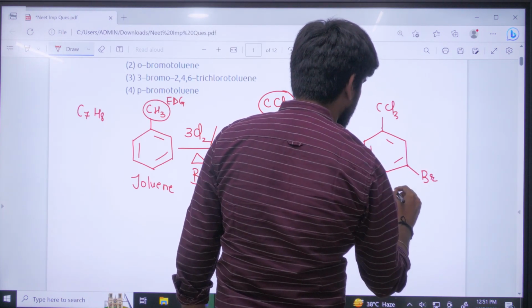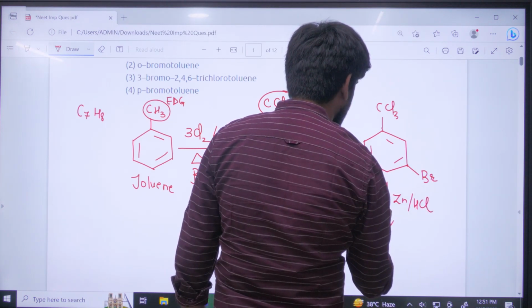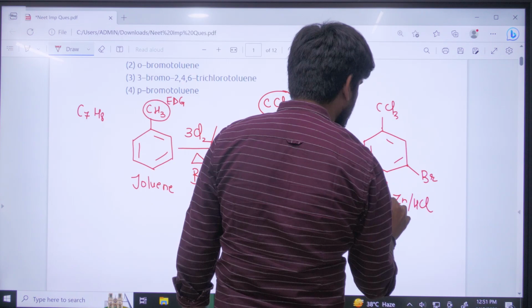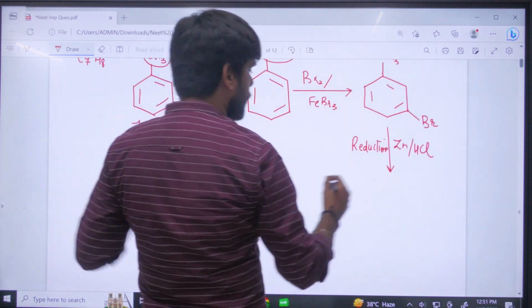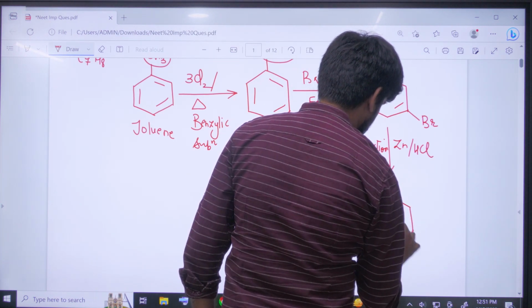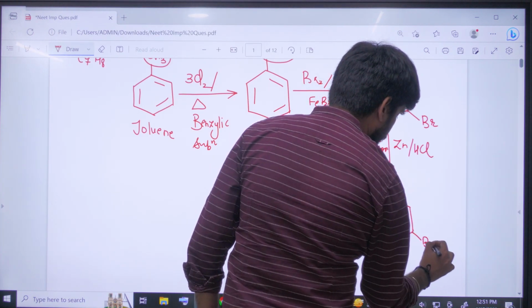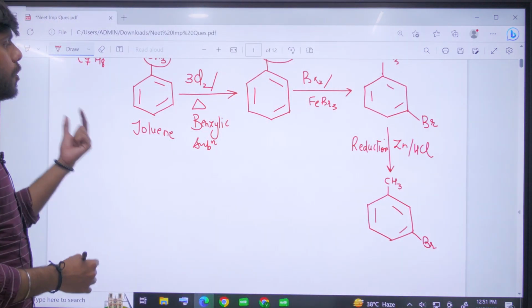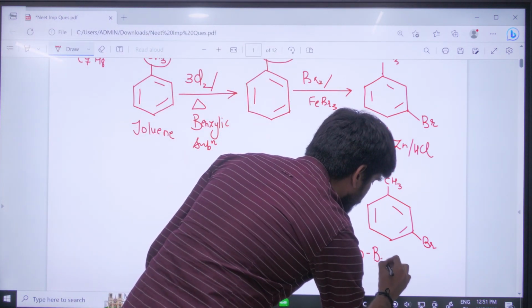and in the last step, this is zinc in the presence of HCl. It is basically used for the reduction of alkyl halides to alkanes. So the CCl3 will get converted to CH3, and this bromine will remain like this. So basically from toluene you end up getting meta-bromotoluene.